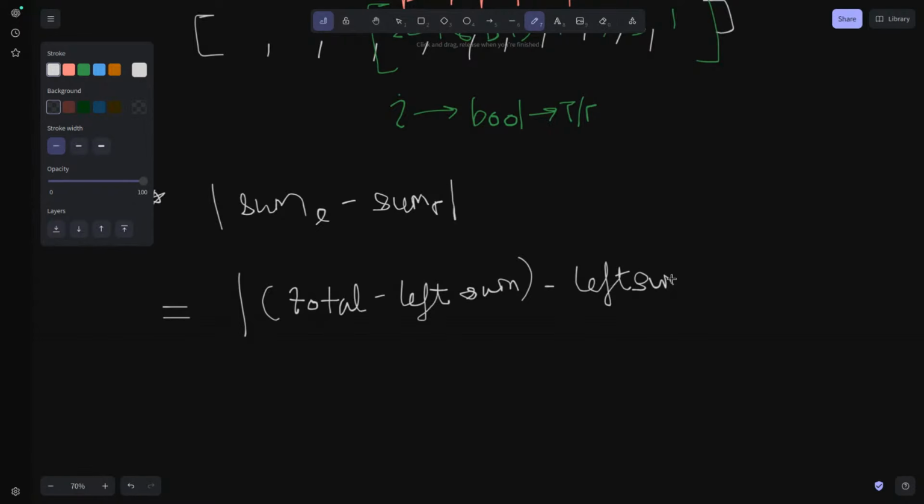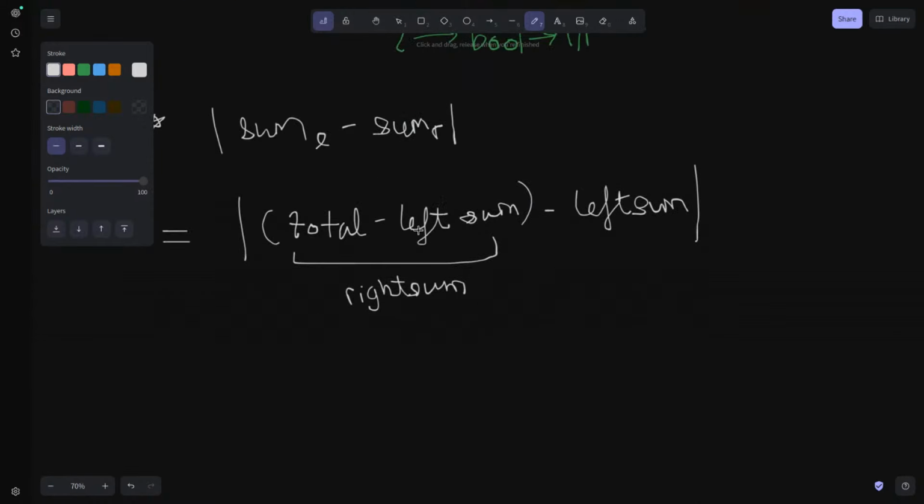Why? Because the right sum is simply total sum minus left sum, right? And so this is basically the right sum, and the total difference will be written like this, right? So this way we don't need to actually calculate the sums on the left and right. We can just find the total sum minus the left sum times 2, basically.